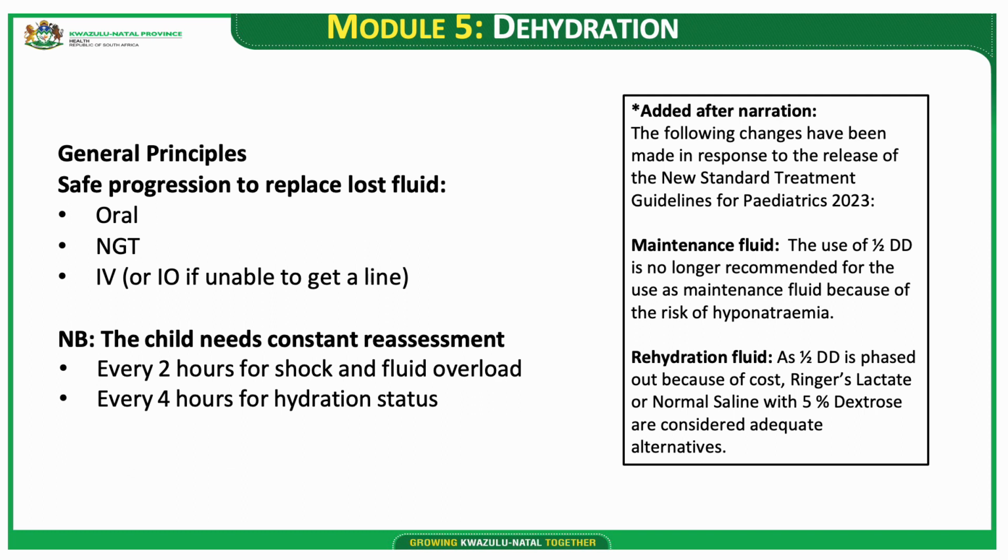They might become more tachypneic, they might become more tachycardic, or the liver might increase in size. One of the recommendations that we make is that you mark the size of the liver on the child's abdomen before starting IV fluid, and monitor that when doing the reassessment every 2 hours. Every 4 hours we need to reassess the hydration status to see if the child is improving or getting worse.